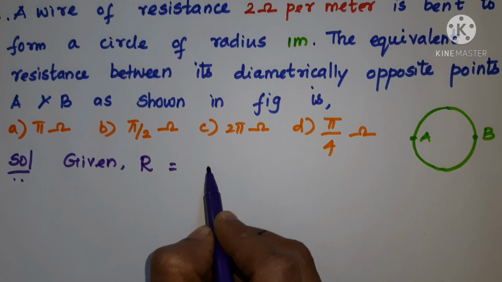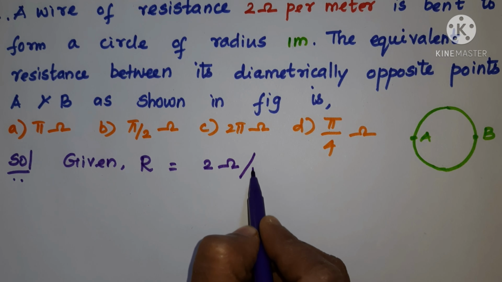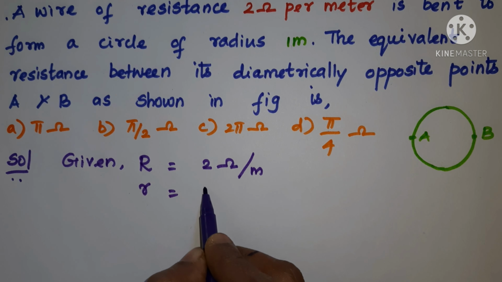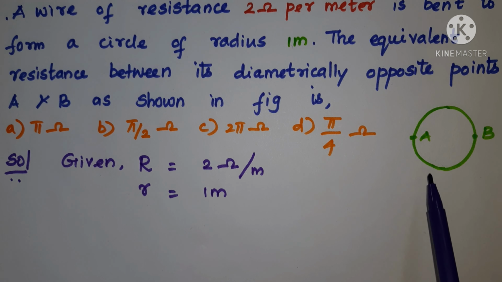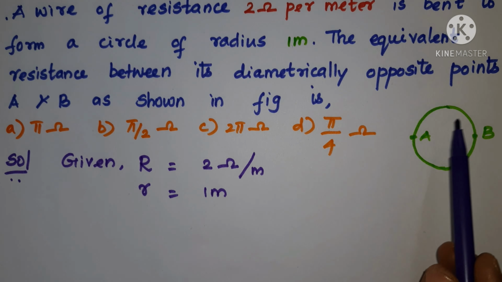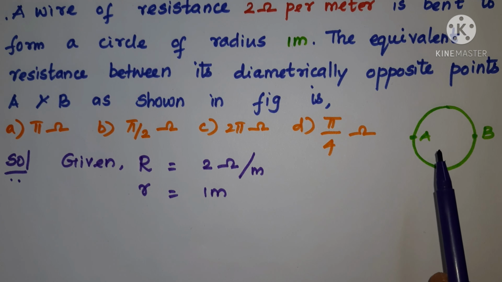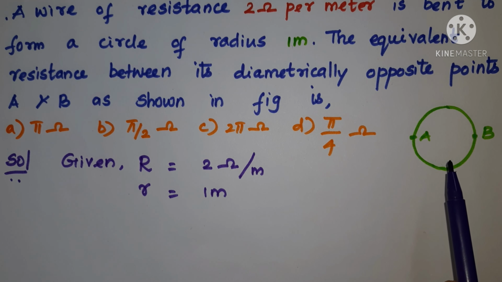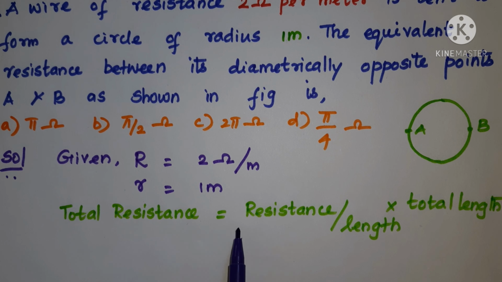Resistance R is equal to 2 ohm per meter and radius is equal to 1 meter. Resistance per meter of the wire is 2 ohm. So what is the total resistance we have to find? Total resistance is equal to resistance per unit length into total length.